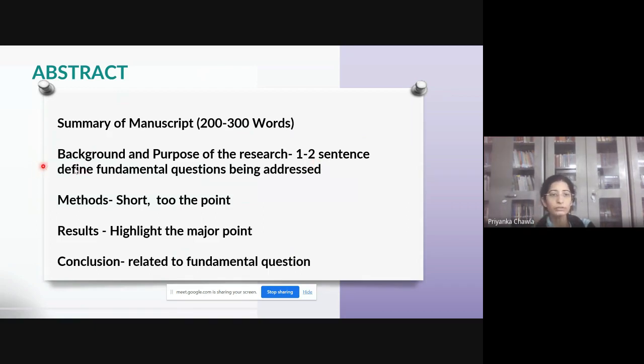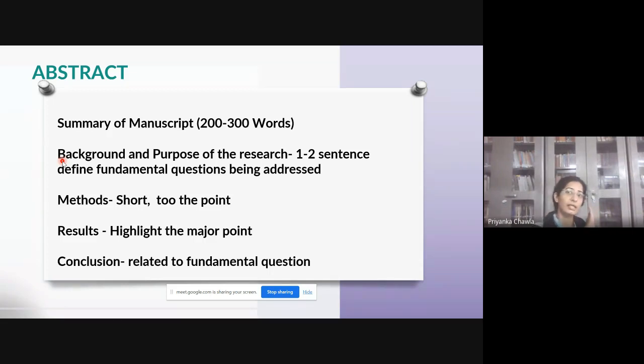So we should always start with the background. Suppose I talk about artificial intelligence, you do not have to mention here what artificial intelligence is, or define it over here. You should start with the background.